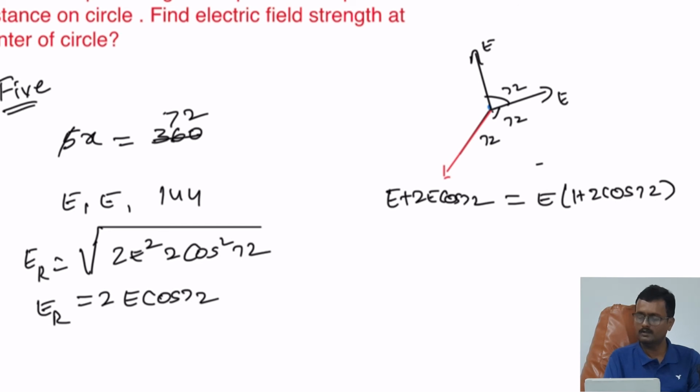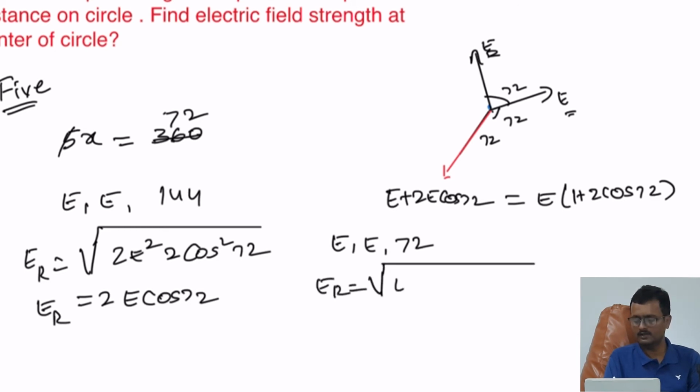Okay. Next, the resultant of these two vectors. What are the magnitudes? E and E, and the angle is 72. So the resultant of this one is the square root of E square plus E square plus 2 into E into E cos 72. 2 into E into E, that is 2E square.